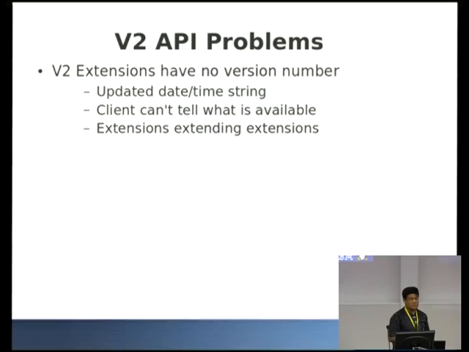The other issue was that v2 extensions had no version number. We had a date timestamp in them, but no one really knew how to use that as a client and when it should be updated. So when an extension was updated, you couldn't tell as a client whether or not this new functionality was actually in the cloud that you're accessing.